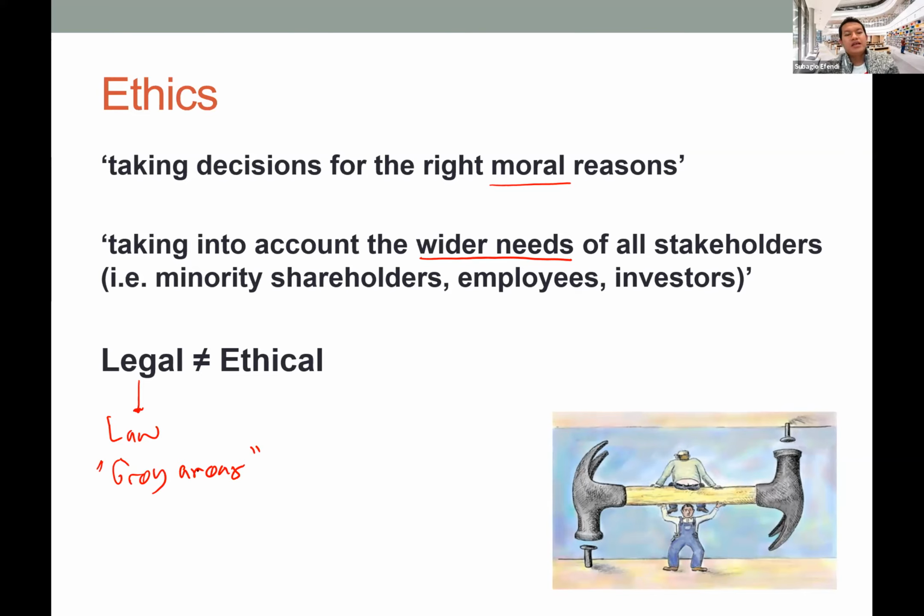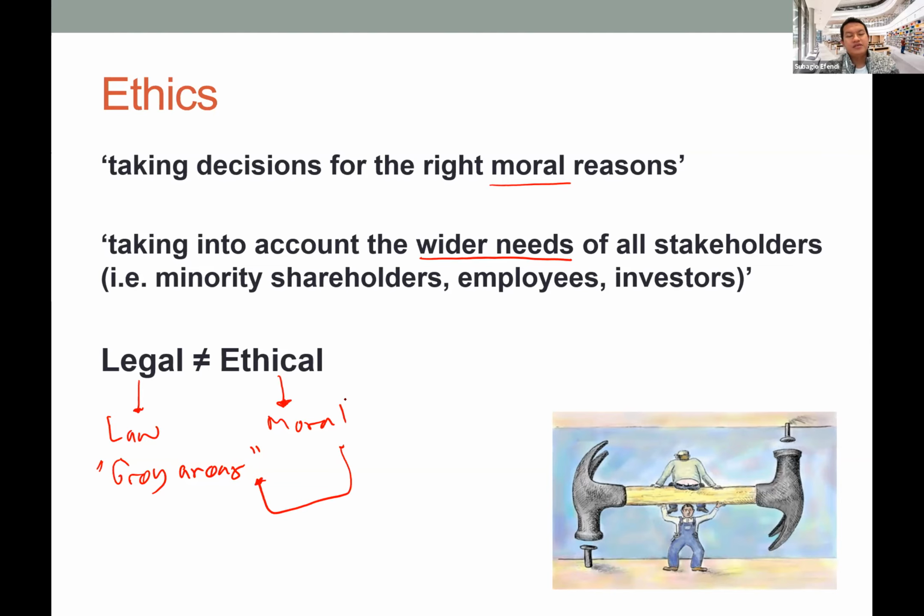But for ethical, we use moral standard as our benchmark. Moral is more universal, more general and broad. So basically, moral or ethical could fill in the gap in the law.